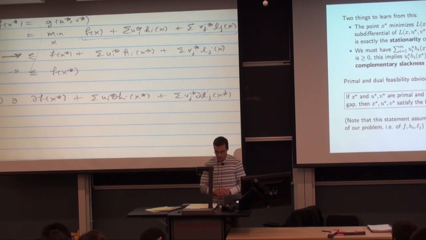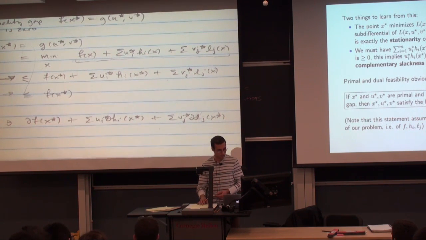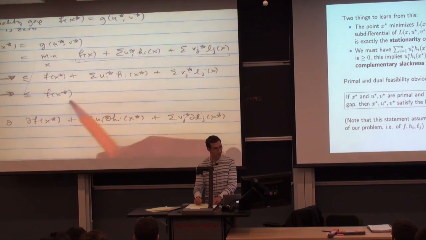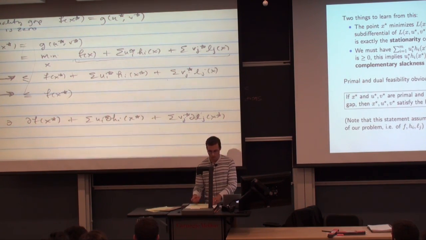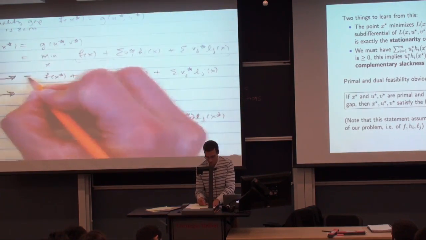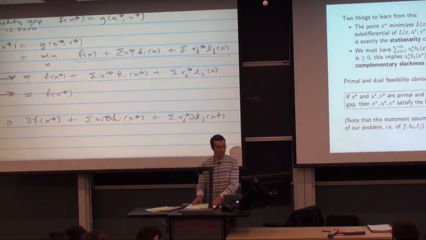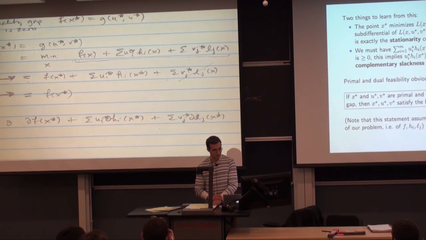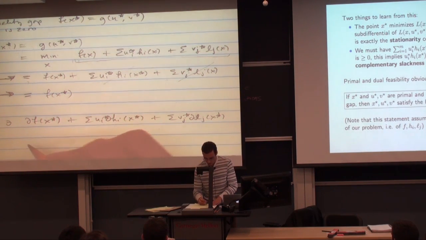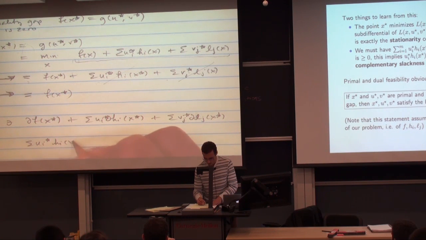Okay, now if I go back to this one right here, I've actually said that these two are equal, right? I might as well just write them as equalities so nobody's confused. That implies, well, first of all, this is 0 for feasible points, and this is non-negative. So I've actually just said that this is equal to 0.